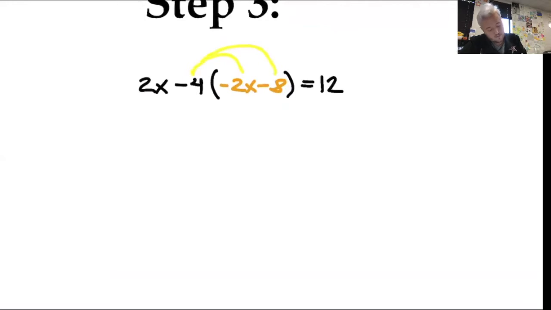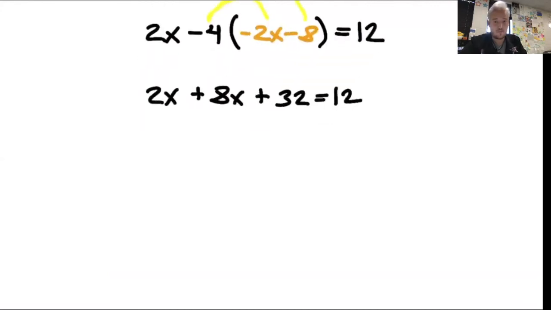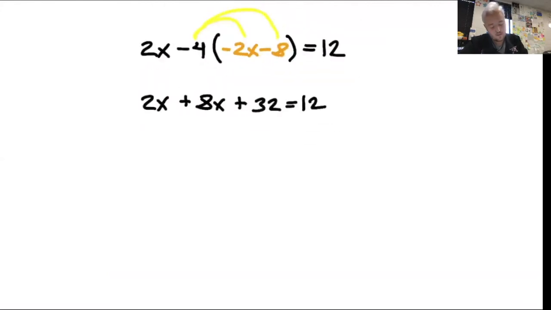So when I distribute, 2x plus 8x plus 32 equals 12. Now we just want to keep simplifying. So I'm going to combine 2x and 8x. That gives me 10x plus 32 equals 12.